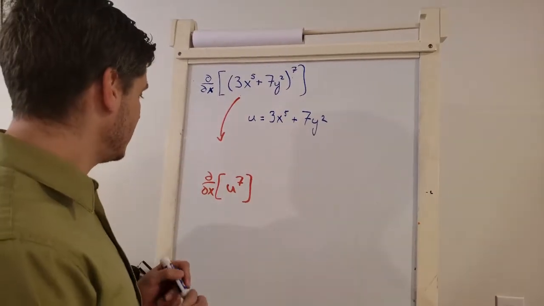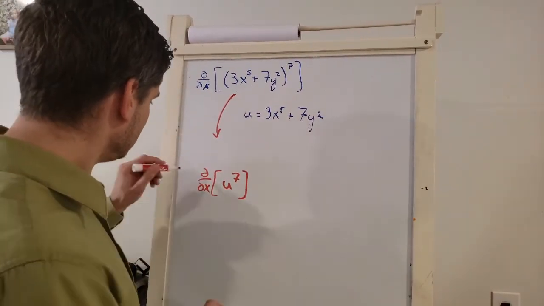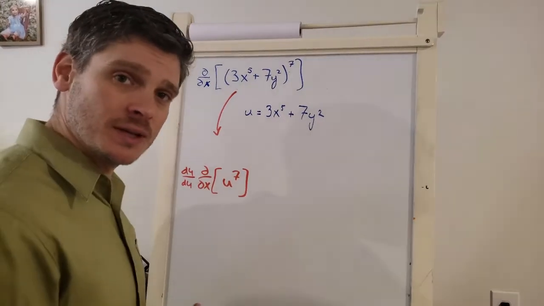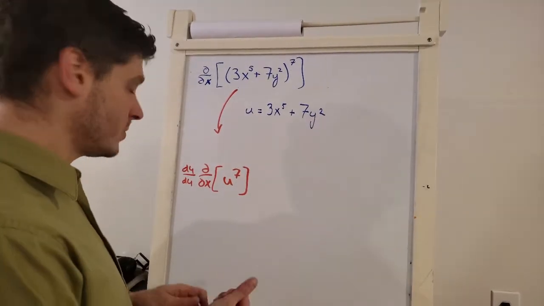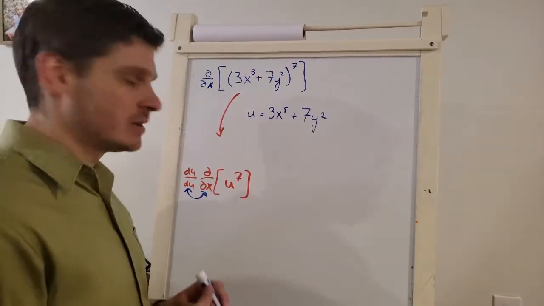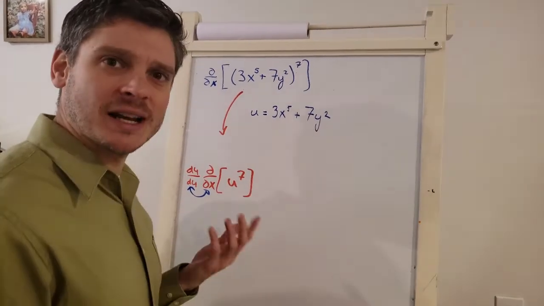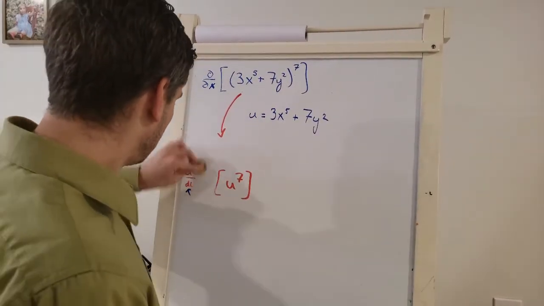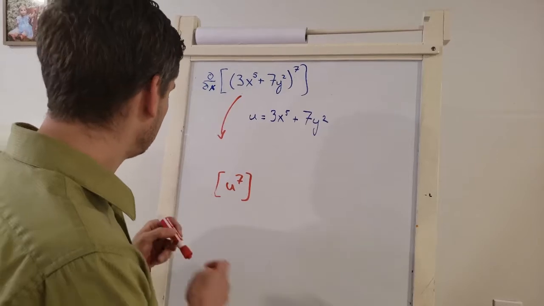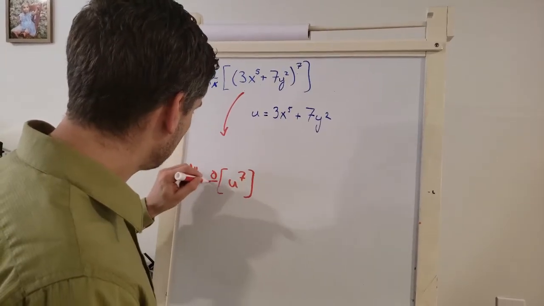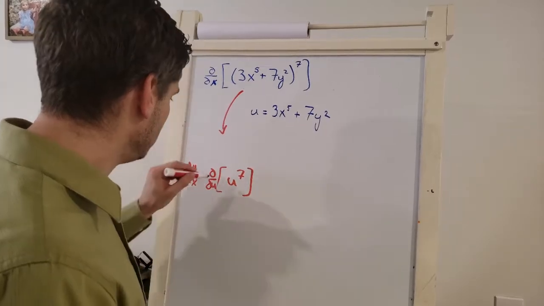Which means I need to introduce du's. So du and du. And then essentially what we're going to be doing is swapping denominators, because we treat them like fractions, right? I can multiply fractions in any order to make this into du dx and then partial du.